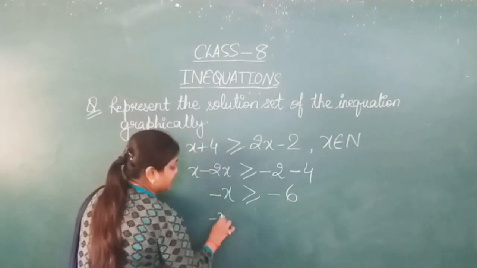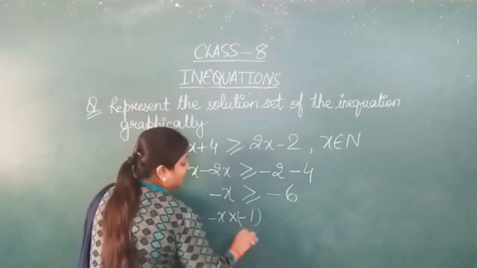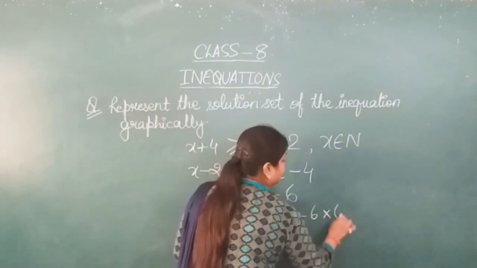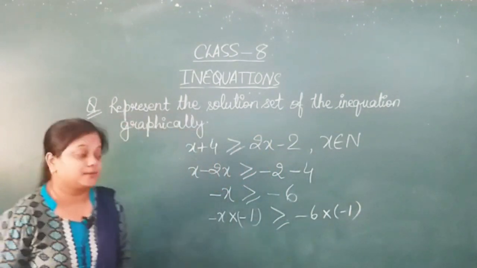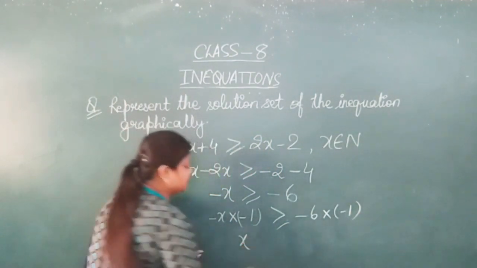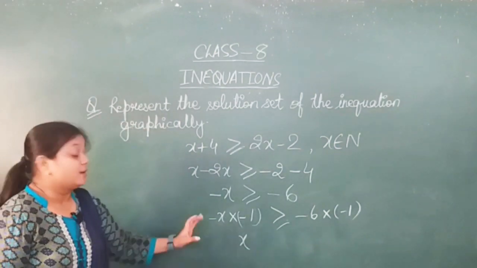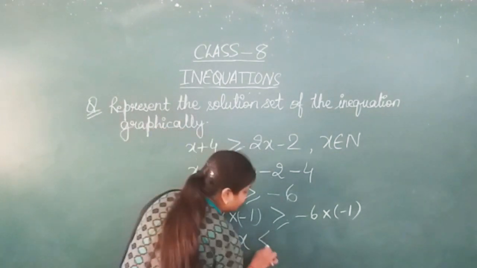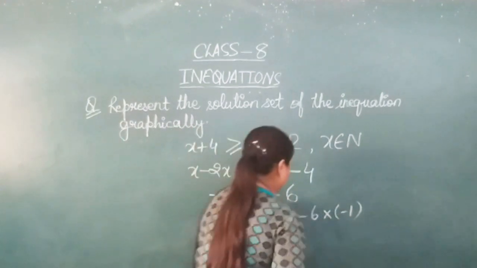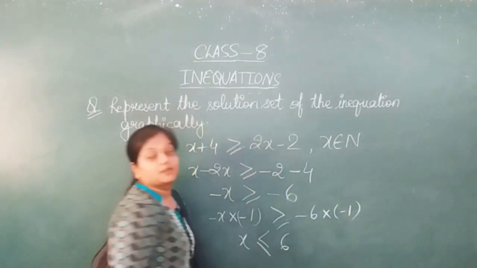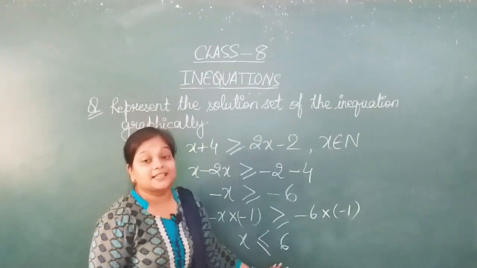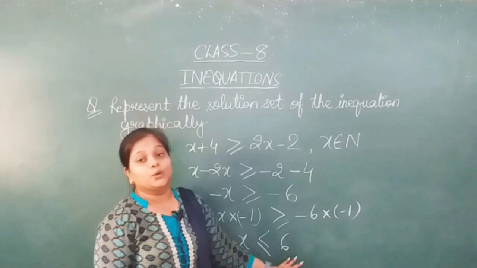We will get minus x into minus 1 greater than and equal to minus 6 into minus 1. Minus minus is plus and our x sign is positive, and the sign of inequality will get reversed, and minus minus is plus and 6 is 6. So we will get the answer x is less than and equal to 6.